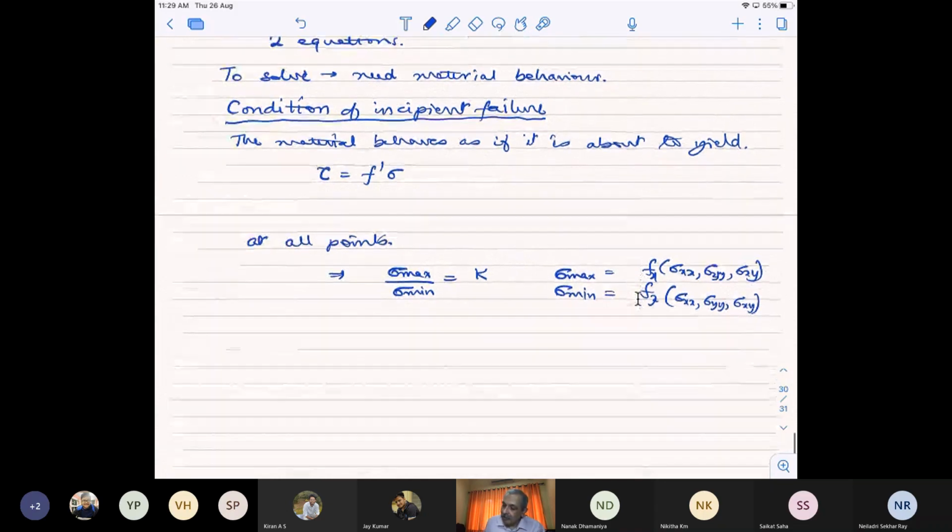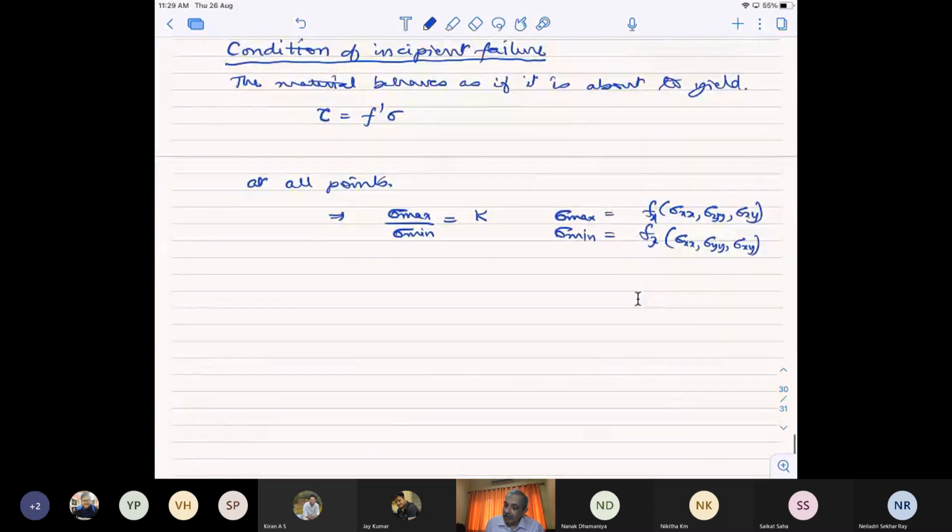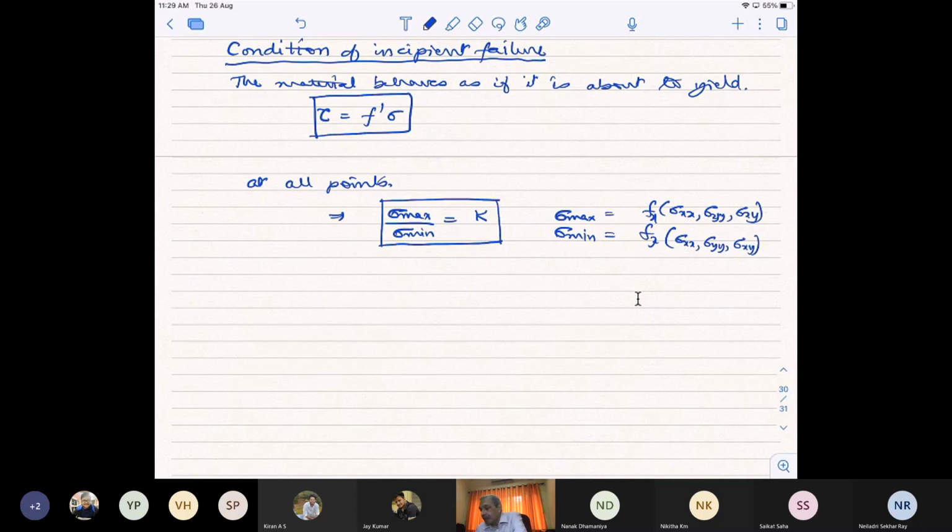So this is really the material behavior that we will use: at every point in the fluid or in the solid, you are at the point of failure, so that the principal normal stresses are always related by this constant k. We can write the governing equation, and we'll see later how to do it.